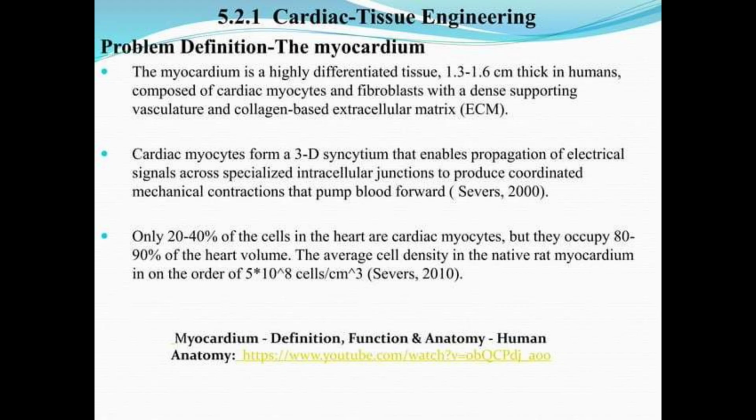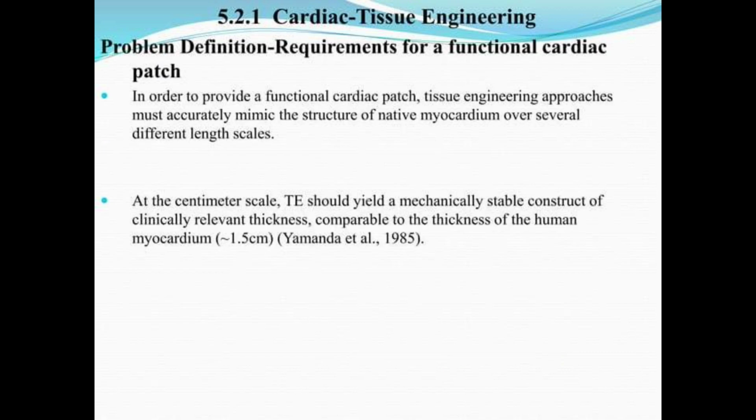So only 20 to 40% of the cells in the heart are cardiac myocytes. It occupies 80 to 90% of the heart volume. So the average cell density created in the rat model includes 5 x 10^8 cells added for this purpose.